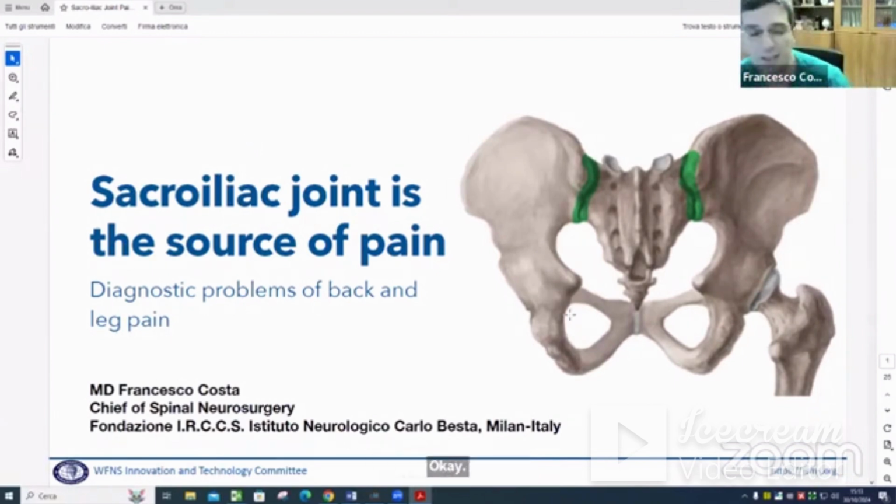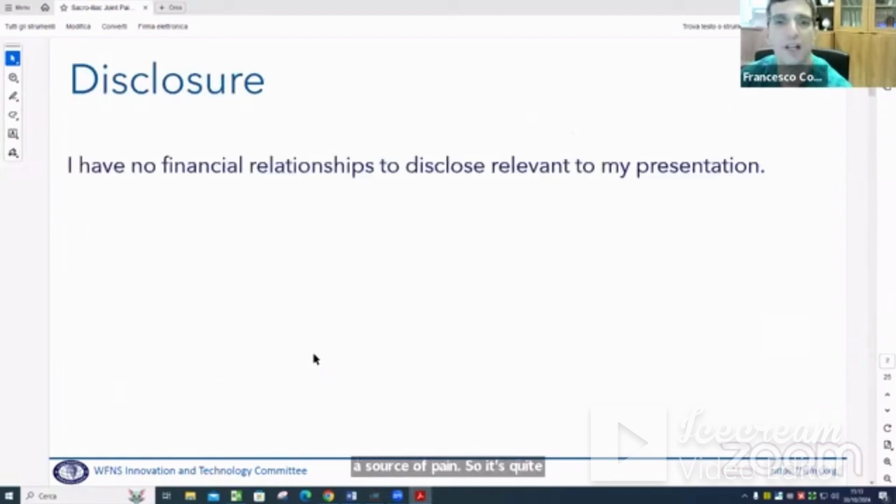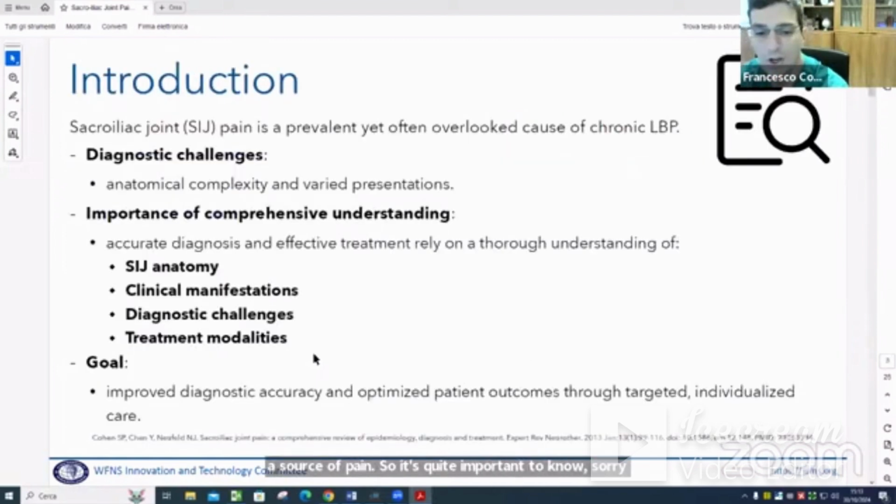So we know that back pain can originate not only from the lumbar spine, but also the sacroiliac joint can be a source of pain. So it's quite important, sorry, because it's a PDF, it's quite important to know the anatomy of this joint and to consider it in the differential diagnosis.